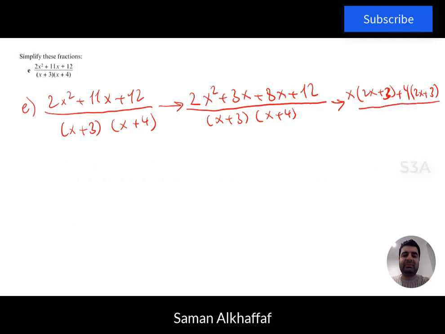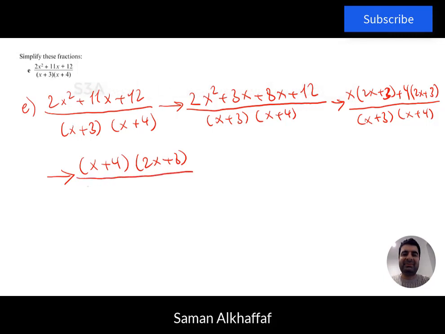Now we can also further simplify, so that will give us x plus 4. So now since we have the common factor of 2x plus 3, the expression will be simplified to x plus 4 multiplied by 2x plus 3, divided by x plus 3 multiplied by x plus 4.